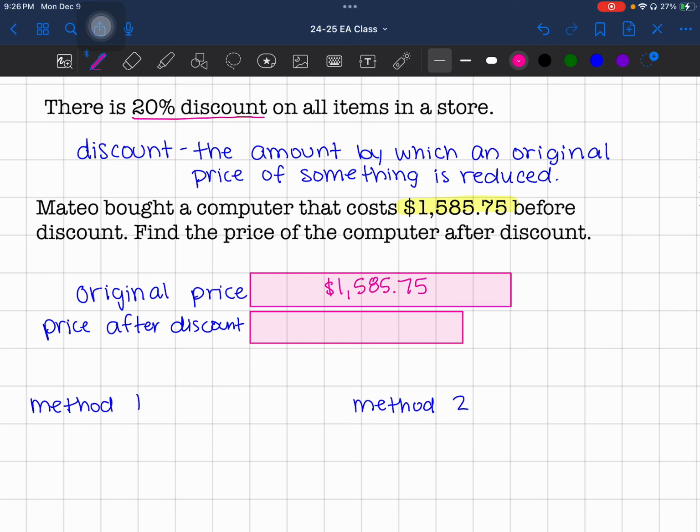Okay. So we know that this original price is 100%. And we reduced it by 20%. Right? 20% on all items. So we're trying to find the price after discount.